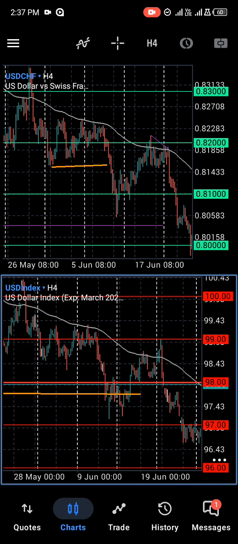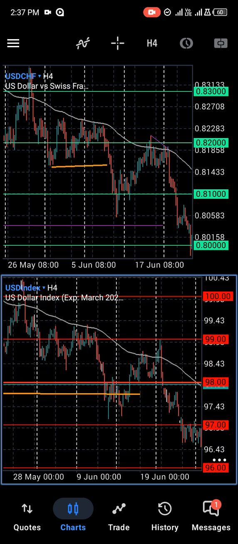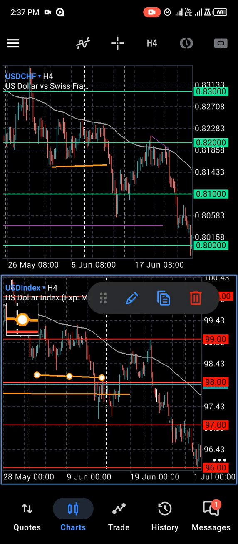Yes, we had this break of structure here. We broke structure to the downside there. So you can see that the DXY is also doing the same.